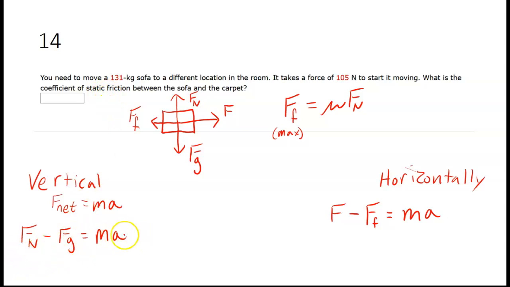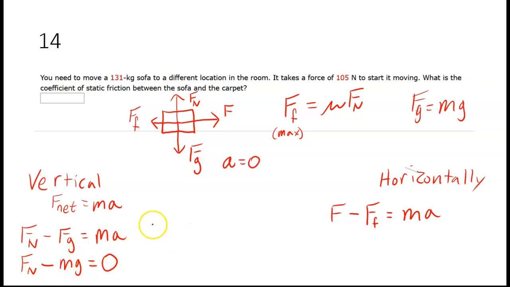With a little bit of substitution, and actually let's just think about this, right before it starts to move, we're really talking about an acceleration equal to 0. So if I try to calculate the normal force, I say normal force minus the force of gravity, and we always have that equation for our force of gravity, mass times acceleration due to gravity. So I have normal force minus mg is equal to, well, our acceleration is 0.